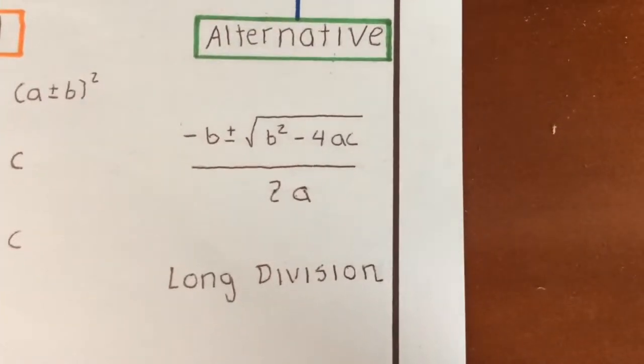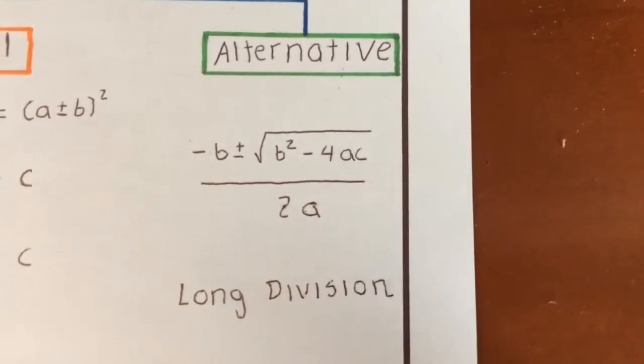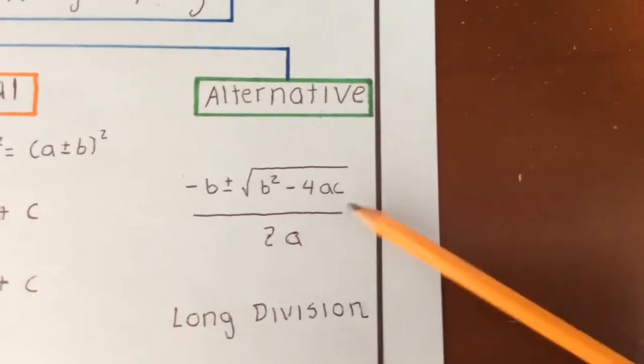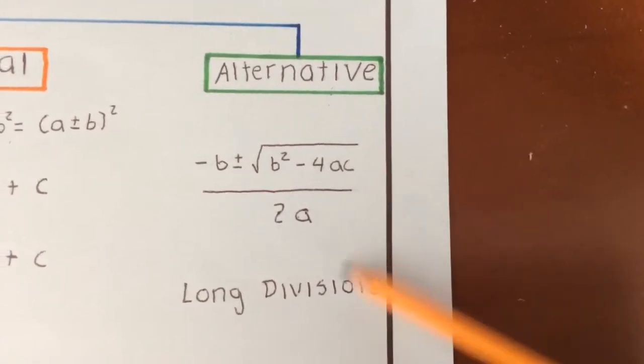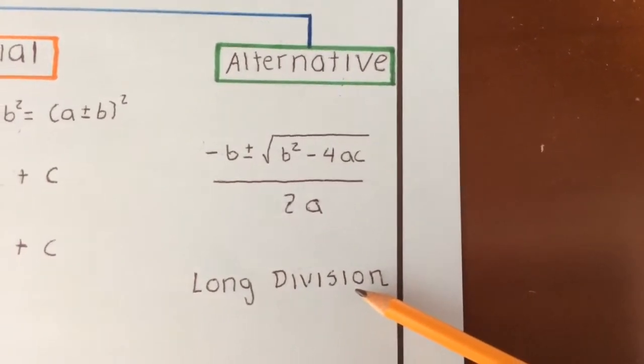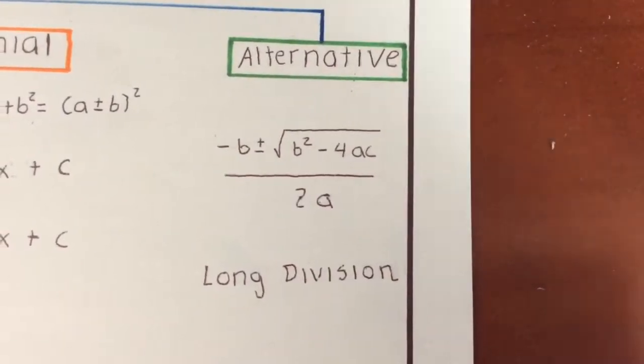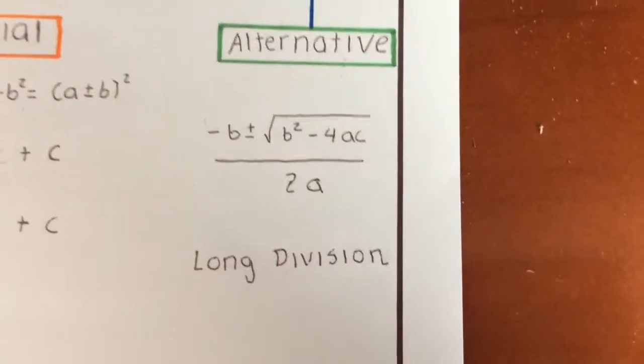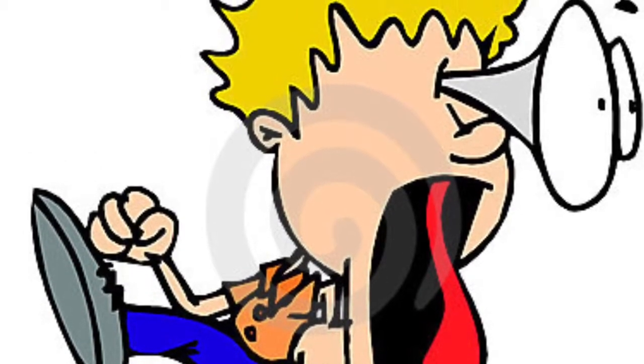An alternative for factorization of trinomials is the quadratic formula, or the long division for trinomials and polynomials with 4 or more terms. To understand better, we are going to do some exercises.